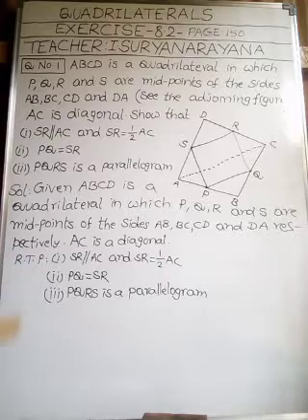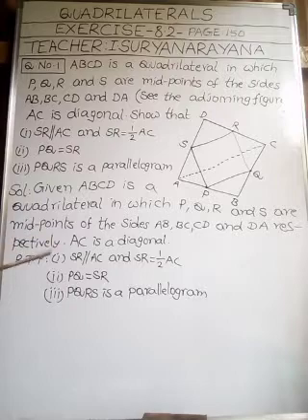Understood these three steps, my children? We have to prove these three parts. This is the given data for us. Okay, my children? See here.